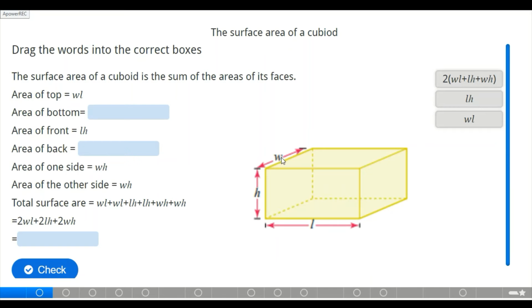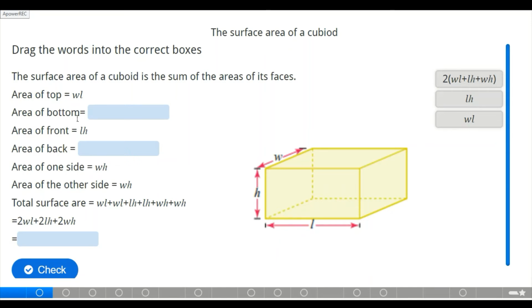So the first area that we're going to be looking at here is the area of the top, which is W and L, the width and the length. So it's going to be width multiplied by length. Now the area of the bottom is also going to be width multiplied by length as well.